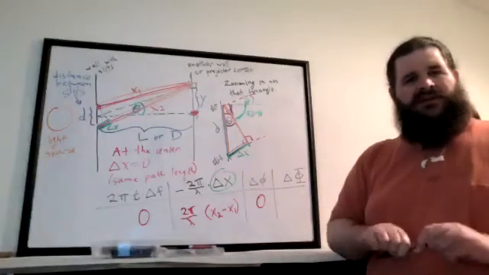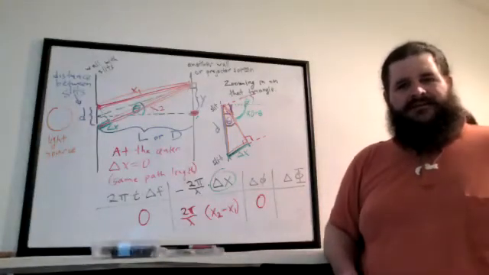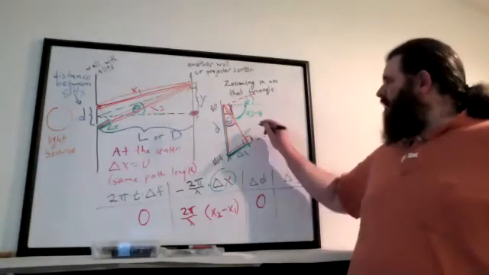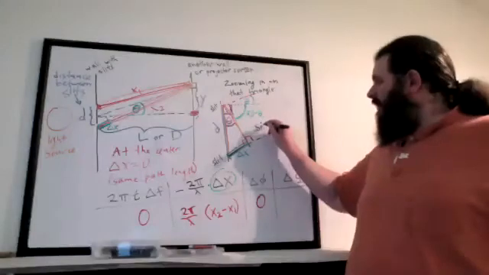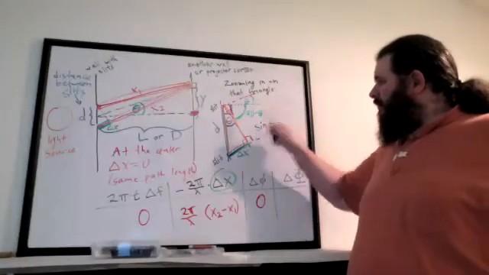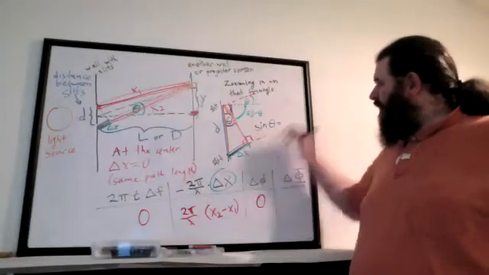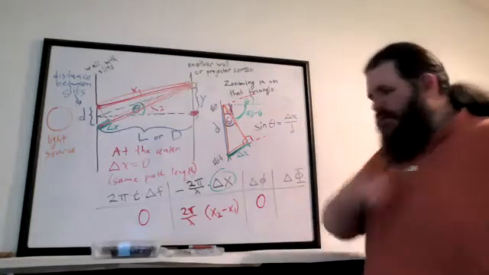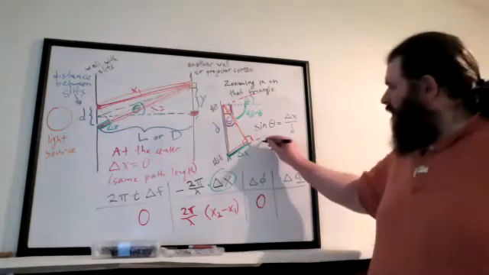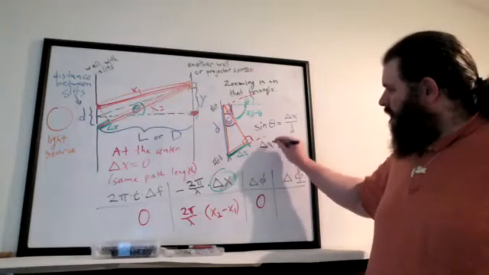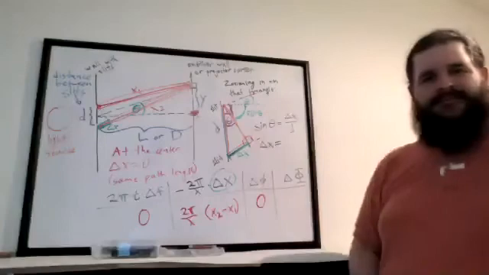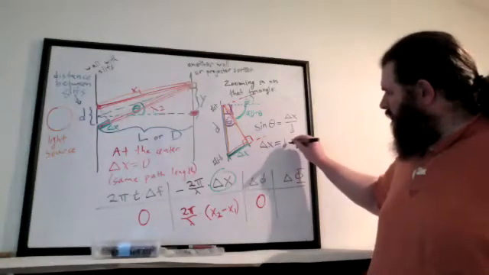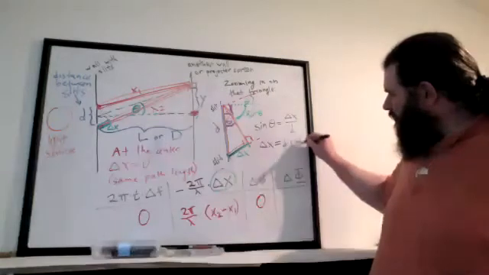What trigonometric ratio would be useful there? Sine. Yeah, sine of theta equals opposite over hypotenuse. That'd be delta x over d. And if you solve that for delta x, what would you get? D times sine of theta. There we go, d times sine of theta.